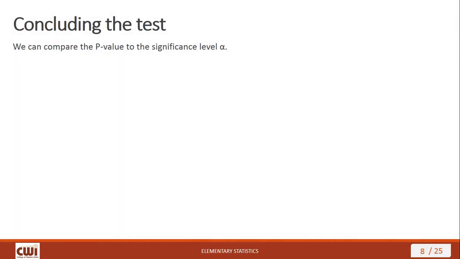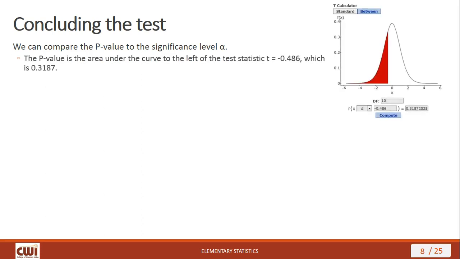So we can use the p-value and compare it with the significance level alpha. So here we're comparing areas. If the area for the p-value can fit inside the area for alpha, then we're going to reject the null hypothesis. Alternatively, if that's not the case, then we fail to reject the null hypothesis.